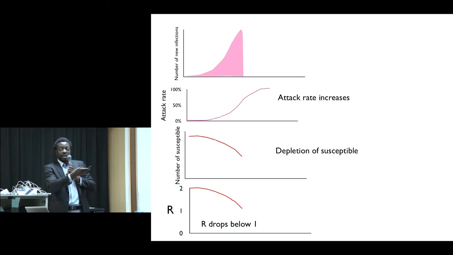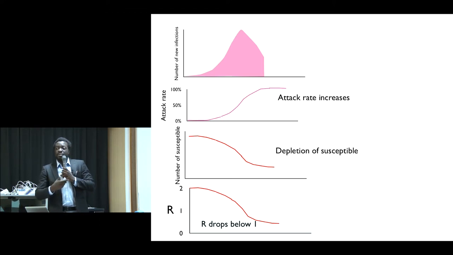So it's the peak here. And then we drop to less than 1. When we drop to less than 1, the infection starts going down because R is less than 1. And the number of susceptible also goes down, meaning that people are becoming immune here. So at less than 1, the infection stops, the epidemic stops.